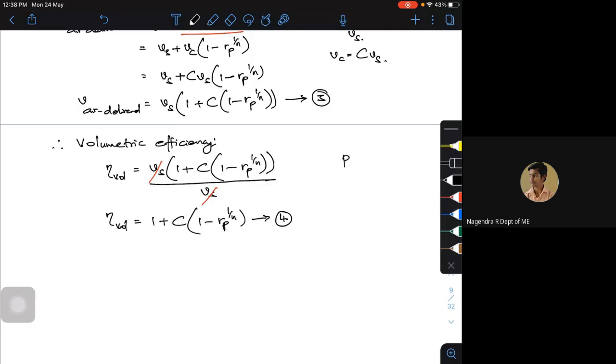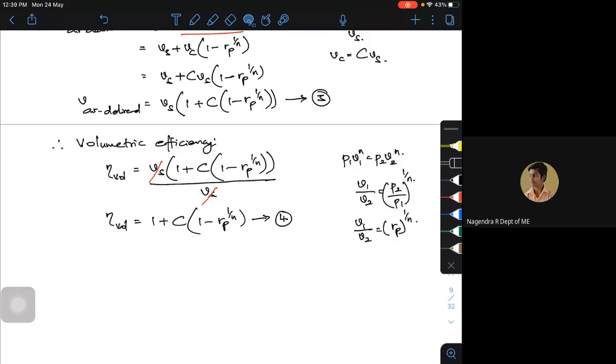Since P1 V1 to the power of n is equal to P2 V2 to the power of n, V1 by V2 is equal to P2 by P1 whole to the power of 1 by n. So this is the pressure ratio, and V1 by V2 is equal to Rp to the power of 1 by n.